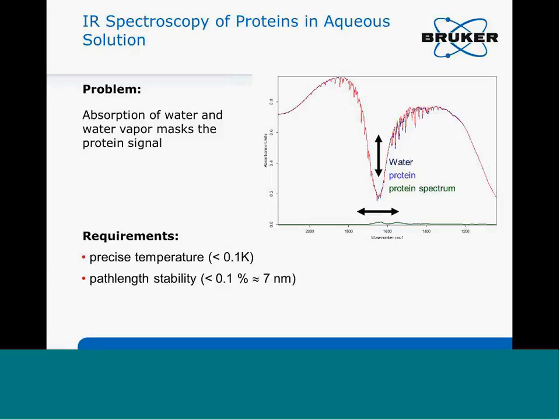The path length should be very precise and also stable. Otherwise, you will not subtract the water properly. It must be sealed, because if it's not sealed, you will see the contribution of atmospheric water, and again, you will not see the spectrum of the protein because it will be overwhelmed by the absorption of atmospheric water vapor.